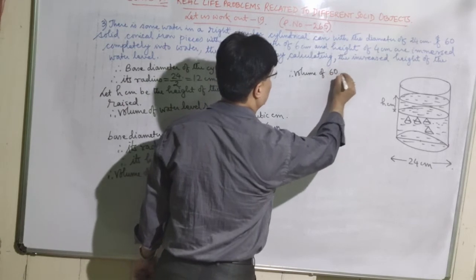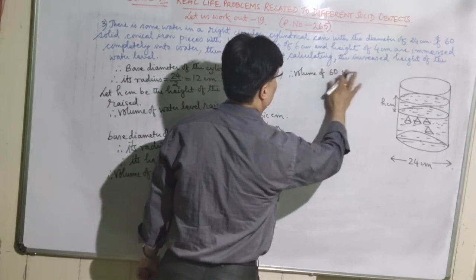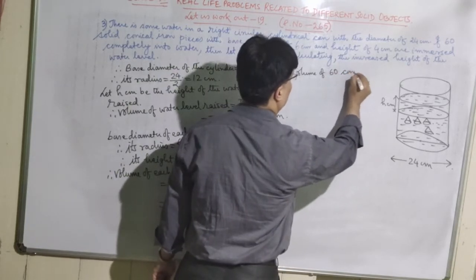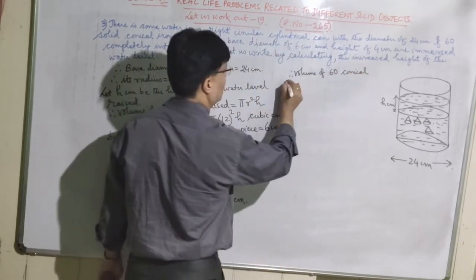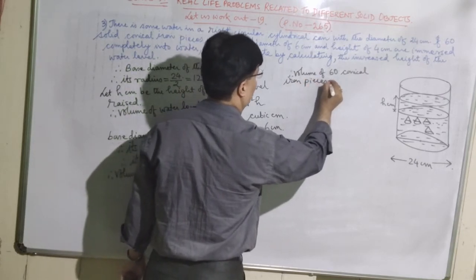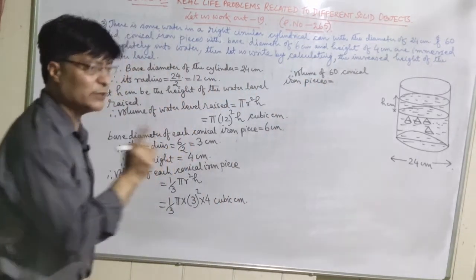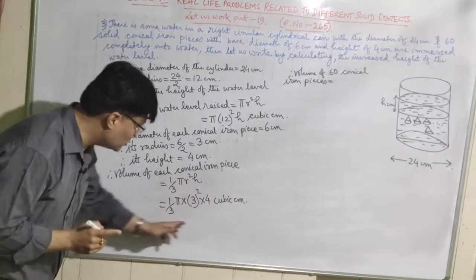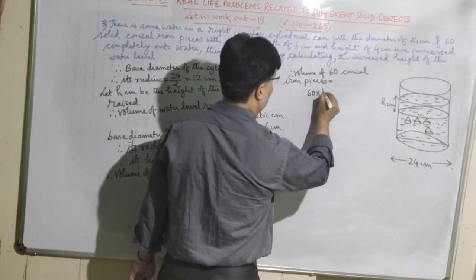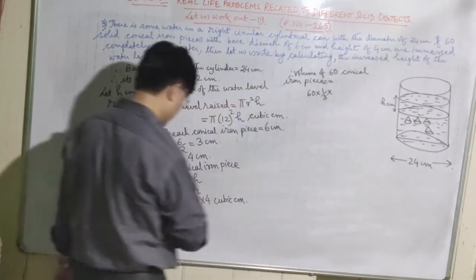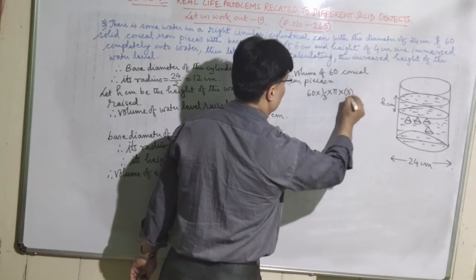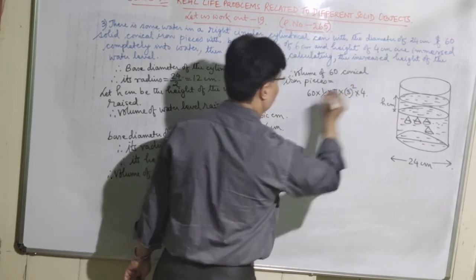So therefore the volume of 60 conical iron pieces is equal to, this volume should be multiplied by 60, which is equal to 60 multiplied by 1/3 into pi into 3 whole square into 4.